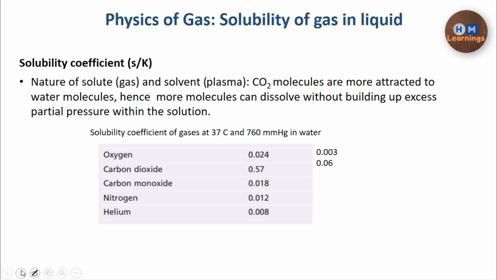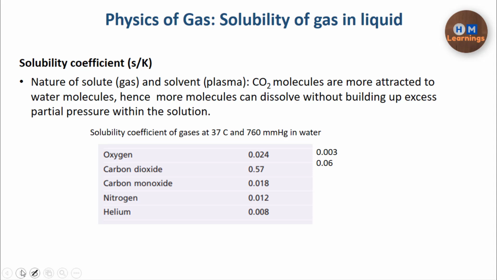So you see in this table, it is showing the solubility coefficient of gases at body temperature, since we are saying that it is going to happen at a constant temperature and pressure, and the atmospheric pressure is 760 mmHg, in water. So they are talking about how much these gases are going to dissolve in water at 760 mmHg.